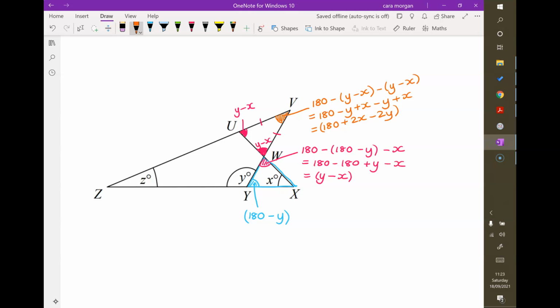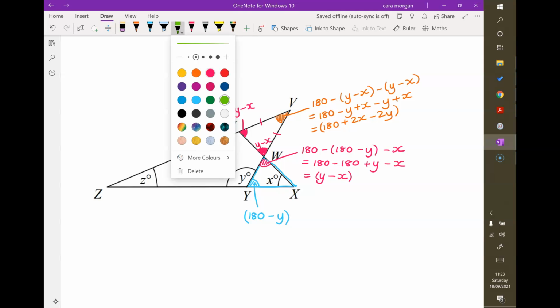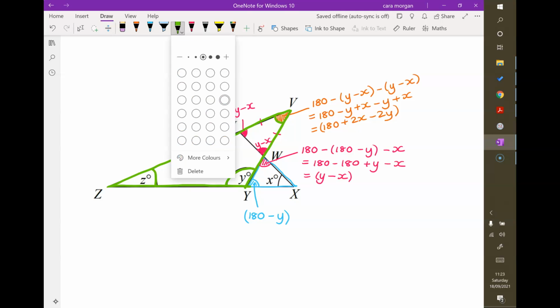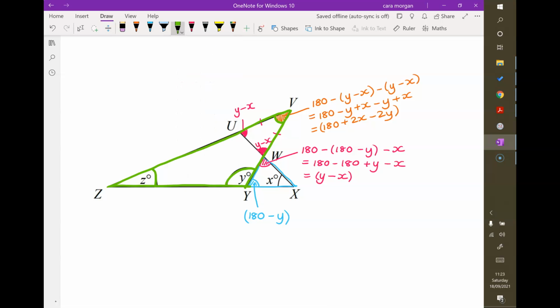Now, this all looks pretty hideous, especially if you're not as practiced at geometry as I am, and maybe not as practiced at algebra. Because I need to link X, Y and Z together, the only way I can do that is to look at the triangle that also involves an angle called Z. In that green triangle, the 3 interior angles must add up to 180 degrees.